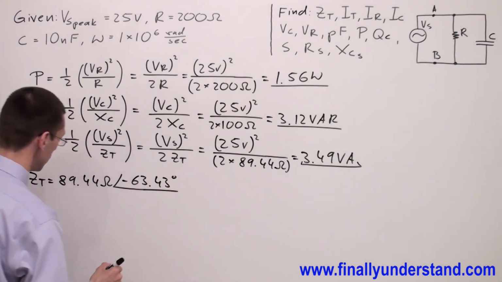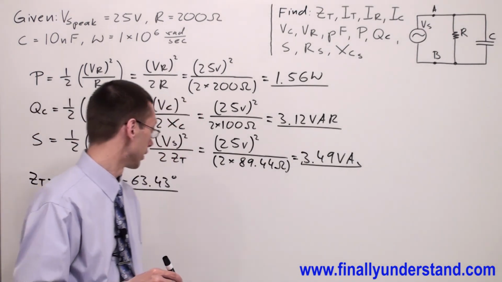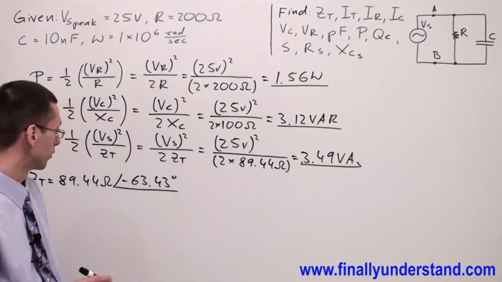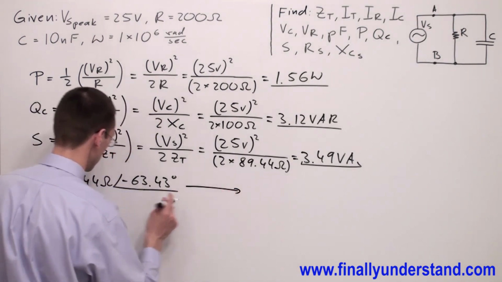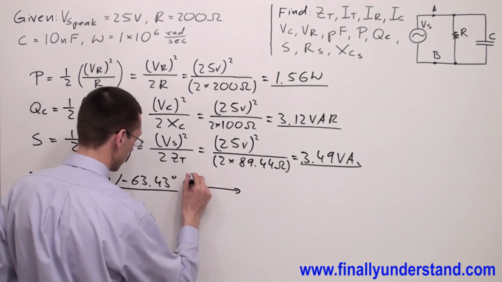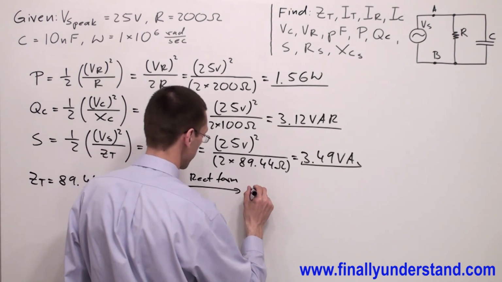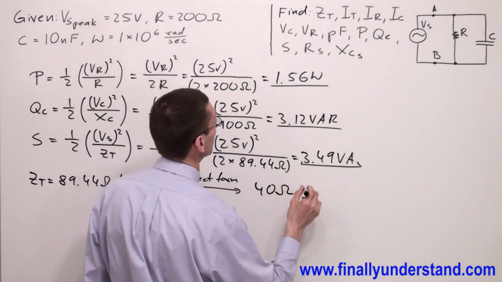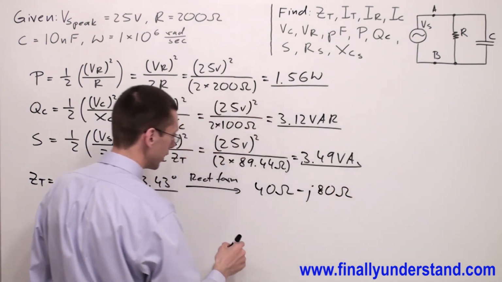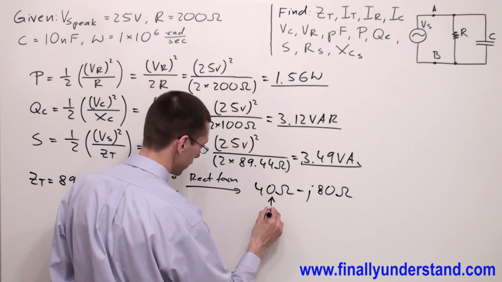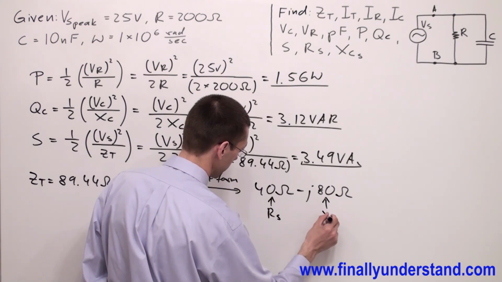In order to find the values of resistor and capacitive reactance for my series equivalent circuit, you're supposed to simply convert this complex number to the rectangular form. And you will obtain 40 ohms minus J 80 ohms, where the real part is my resistance and the imaginary part is my capacitive reactance.